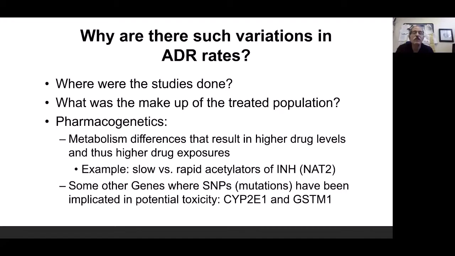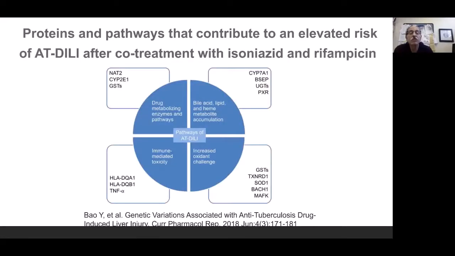This is not going to be a lecture on genetics, but I think it's important to understand that the genetics are informing our understanding of these reactions. And in a recent study that was published looking at patients who developed acute drug-induced liver injury while they were on isoniazid and rifampin, if you mapped their genetics, there were a number of different genetic pathways that seemed to be associated with increased incidence of drug reactions.